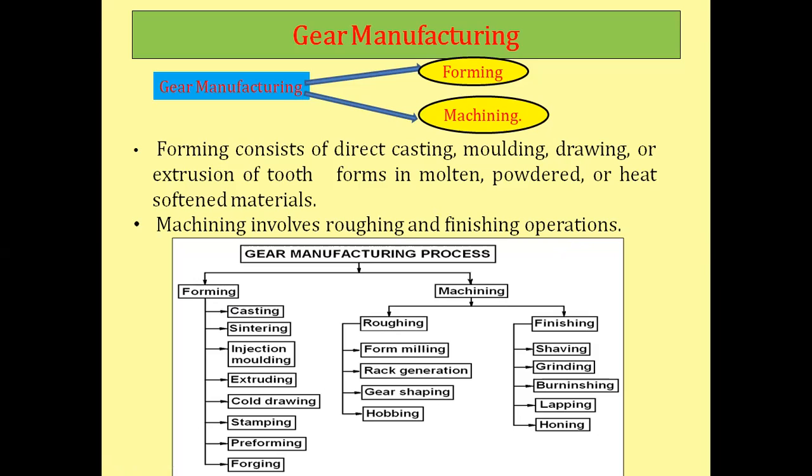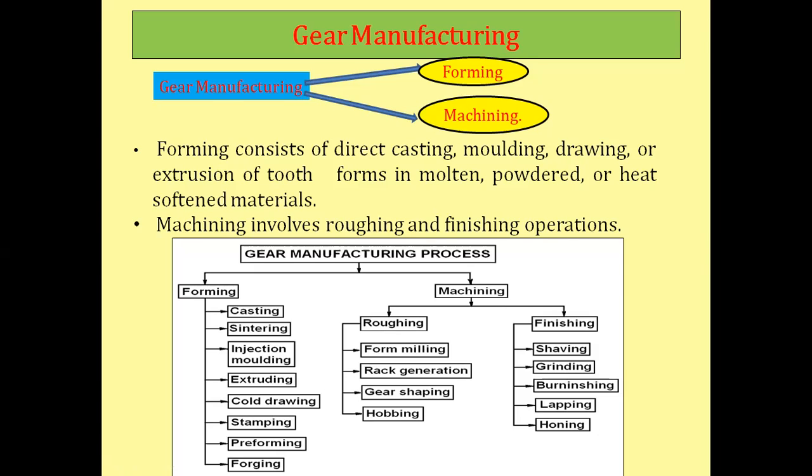The names of the processes are given in the forming category: casting, sintering, injection molding, extruding, cold pouring, stamping, preforming, and forging. In all these gear manufacturing processes, you are just deforming the material by applying force in heated condition or without heating.